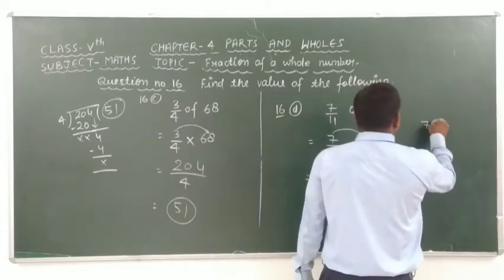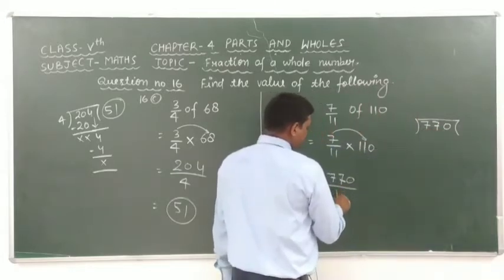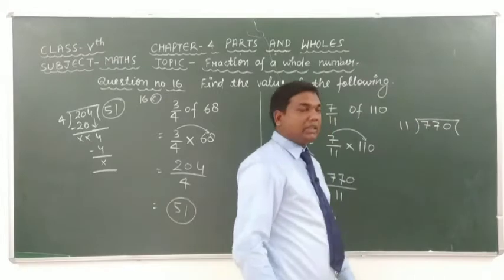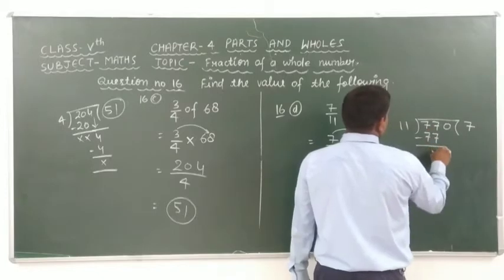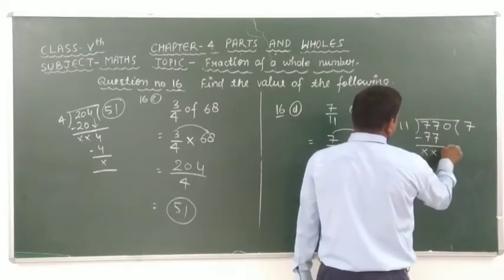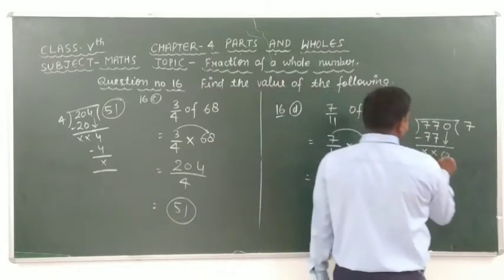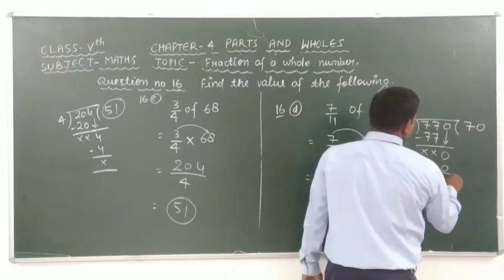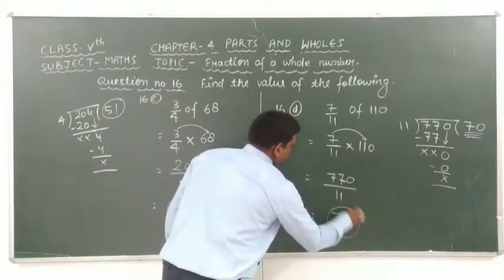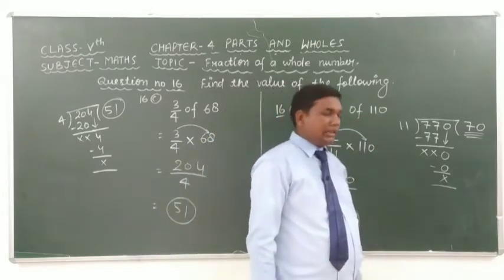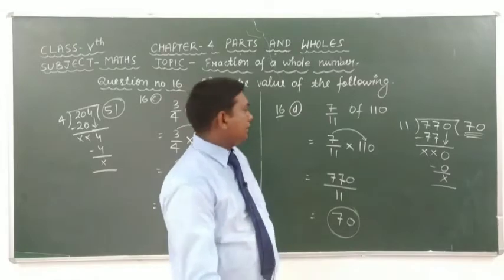Here we have to take the division of 770 by 11. 11 times 7 is 77. After subtracting these we get 0. It means that cancel out, and then here we have to take 0 as same. 11 times 0 is 0. Okay students, after solving these we get 70. Then 7 over 11 of 110 is 70. Okay students, if you have any doubt in this question, please ask me.